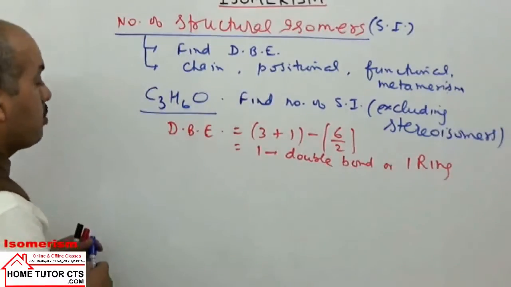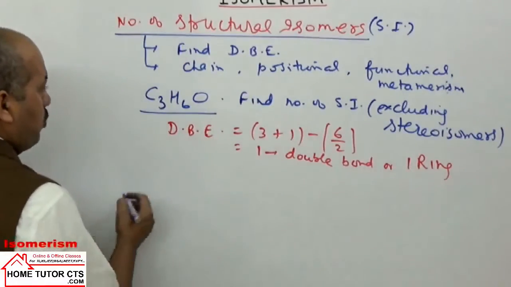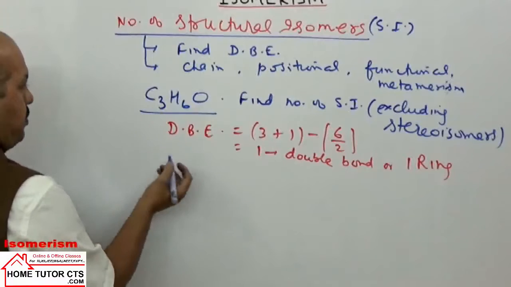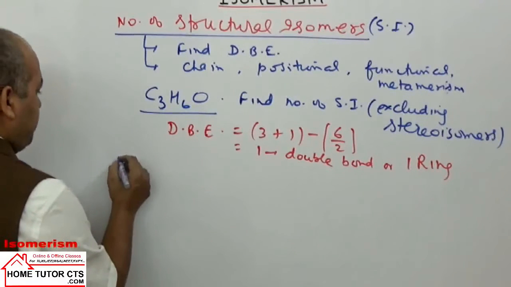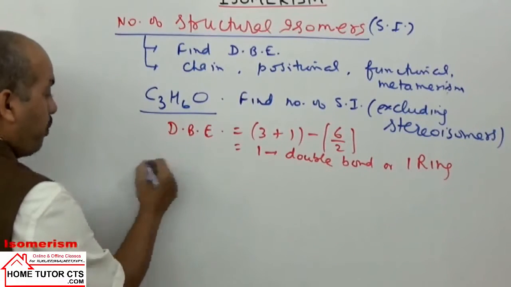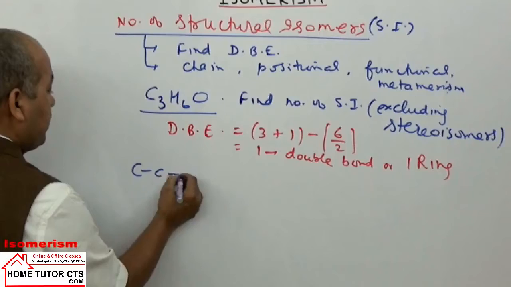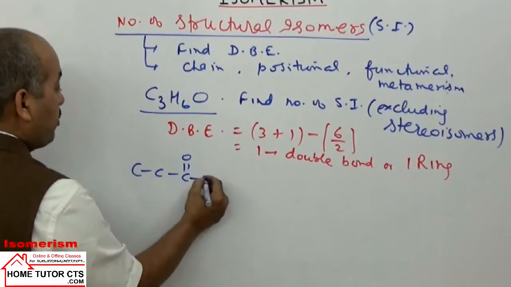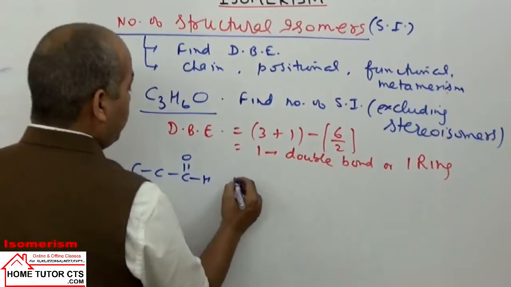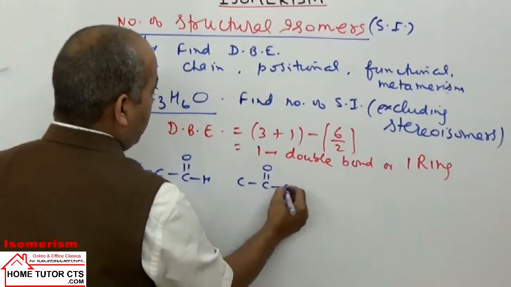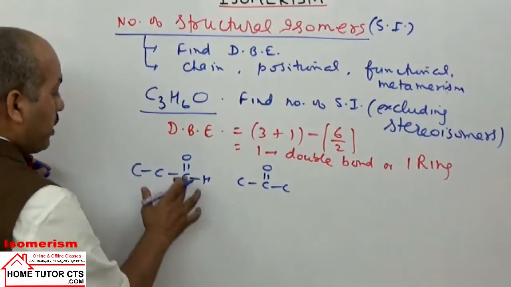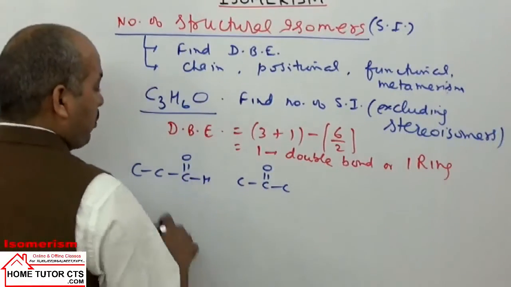So let us think on possibility of compound having one double bond. For open chain compounds, we can have double bond between carbon to carbon or carbon to oxygen. We can have either aldehyde or ketones.